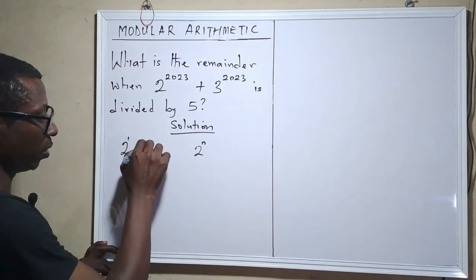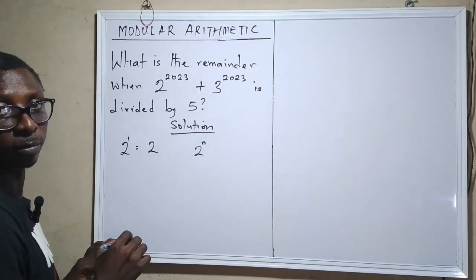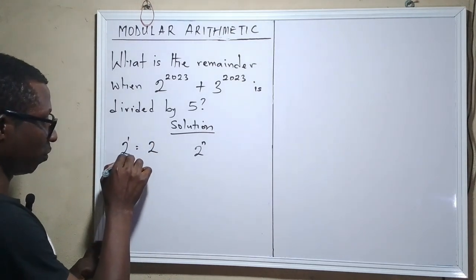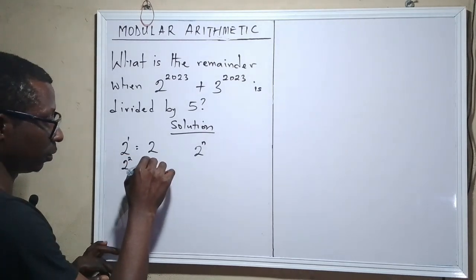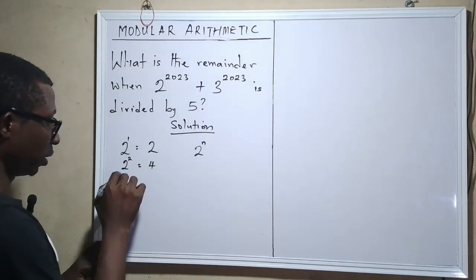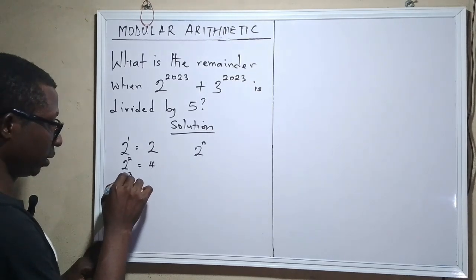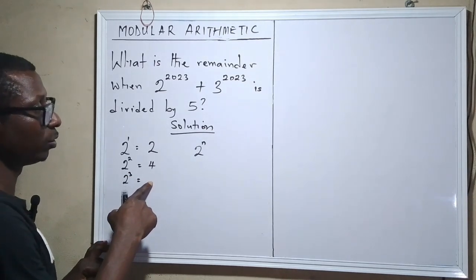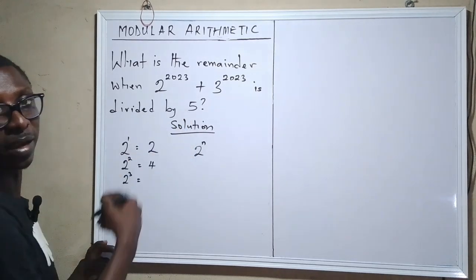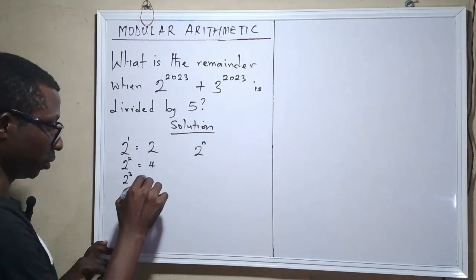So in mod 5 we have 2. Now 2 raised to the power of 2 in mod 5 is 4. 2 raised to the power of 3 in mod 5 is 8. So 8 divided by 5, we'll be left with 3.